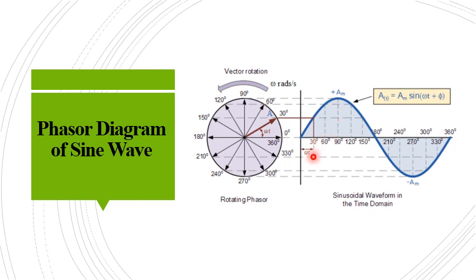So assume that I want to represent the instantaneous value of this sine wave as a phasor at the instant omega t equal to 30 degree. We know that the length of the phasor will always be the same, equal to the amplitude of your wave. That is, the length of the phasor will always be Am.